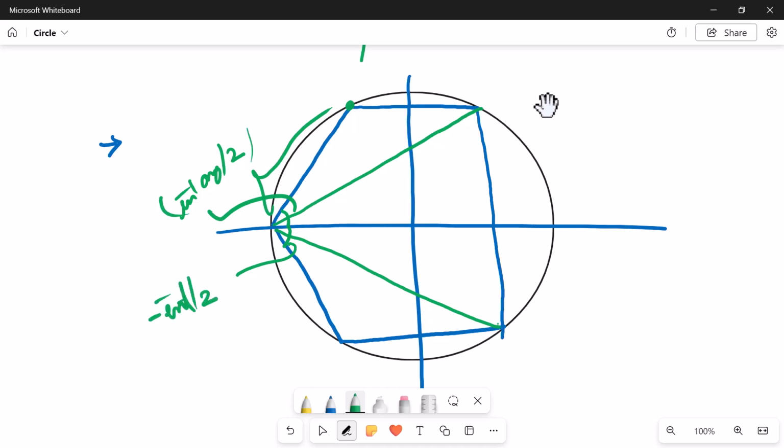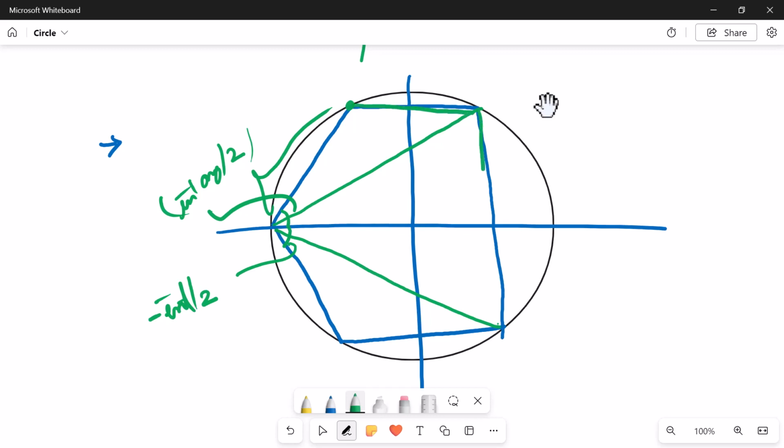Now the thing that we will have to take the most stress on is to find these angles. So what I want you to think about in this particular case is that all these lines are equal, because it's a regular polygon.